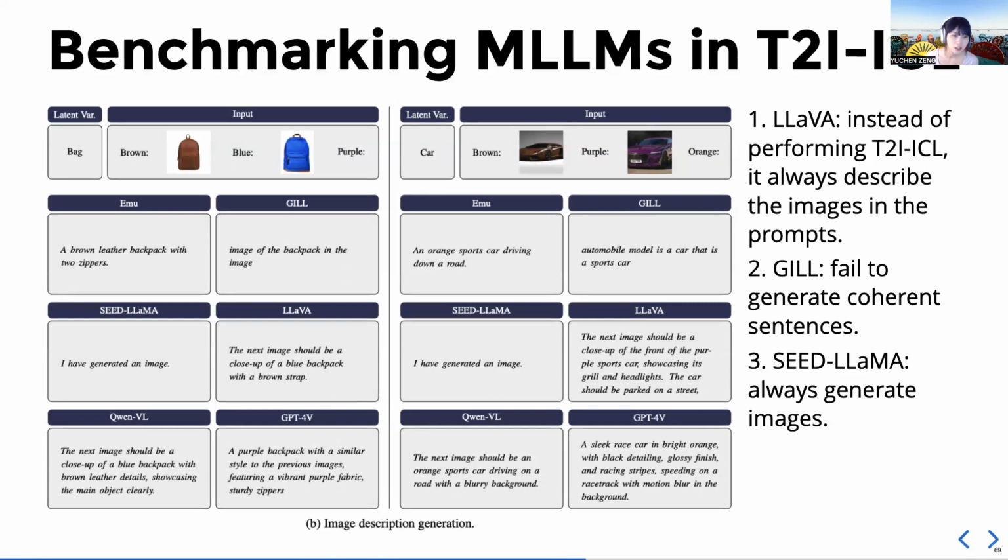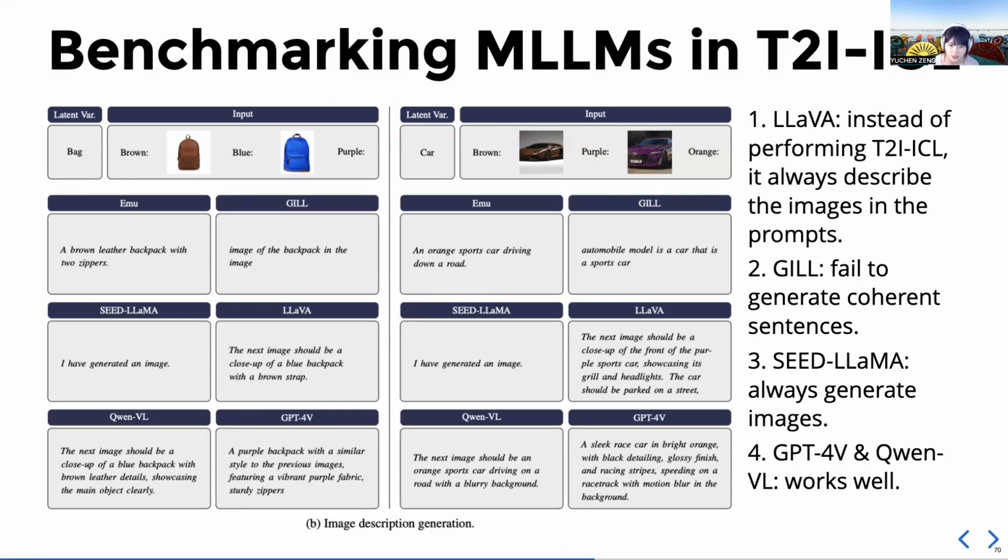And for Chameleon, the bad performance is because it always generates images. Its response is like, I have generated an image. I have tried multiple ways to prompt Chameleon to generate an image description instead, but none of them works.